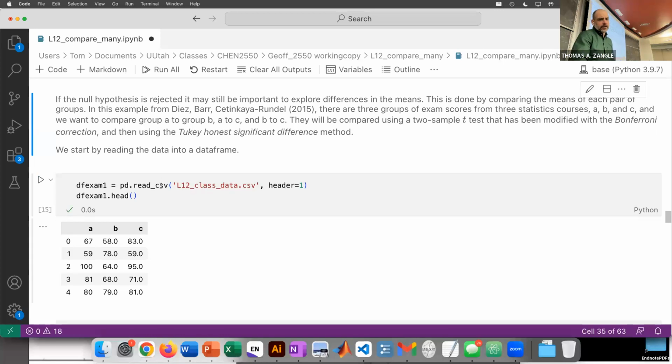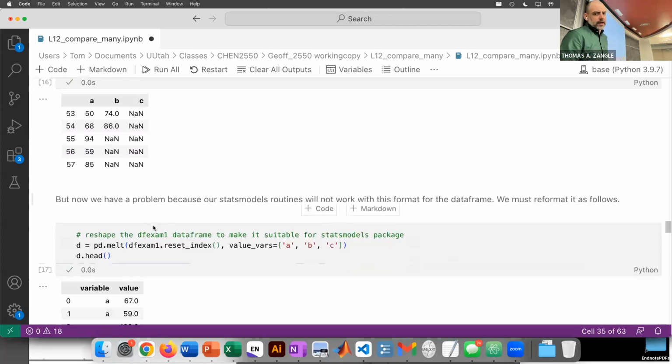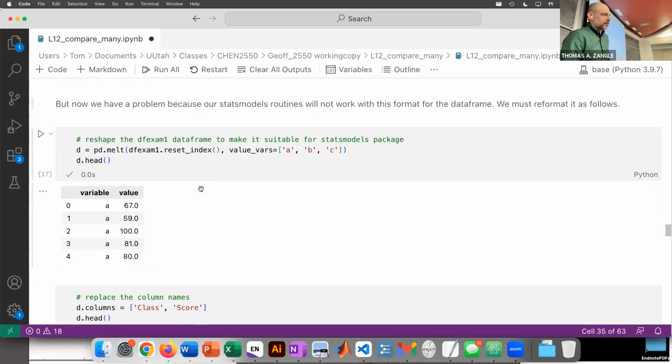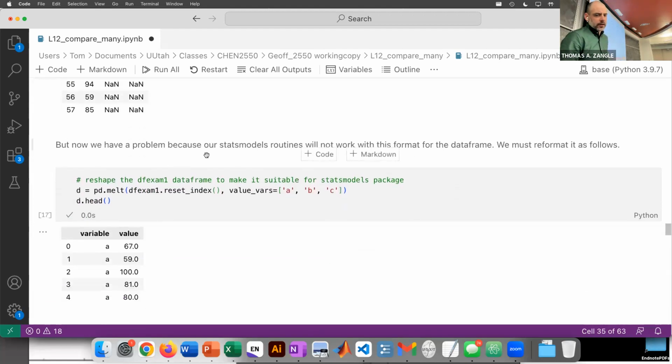So our data here is on exam scores, again, between the groups A, B, and C. So this is what it looks like. The statsmodels routines require a slightly different format for this, so just something to watch out for as you're working with data. In order for the statsmodels routines for ANOVA to work, we need to have all of our data values in a single column with another column that defines what the variable is.